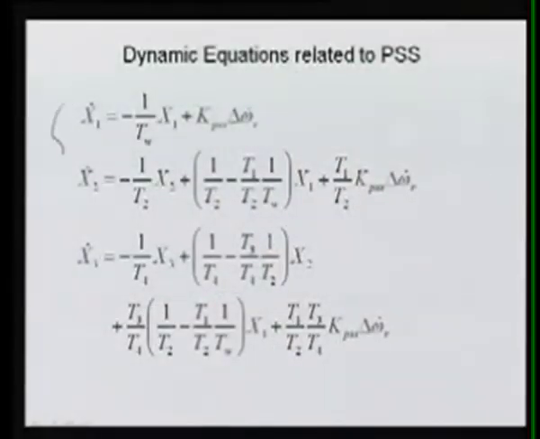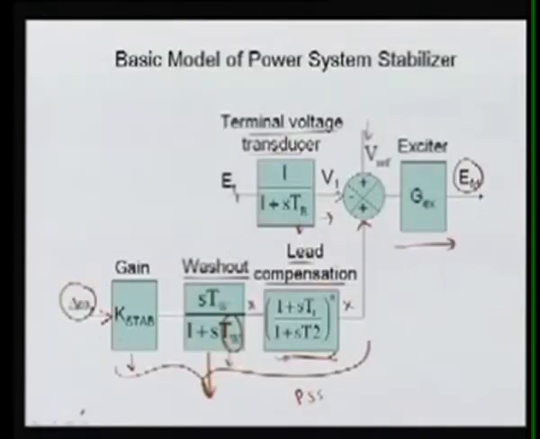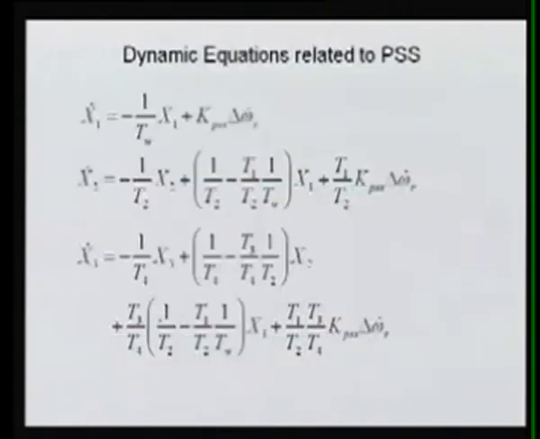To see the dynamic equations, now we have added three more differential equations. One corresponds to the gain of the PSS. The gain coming from omega is x1 here. The time constants are added, and you can see we get T upon T omega x1 and K PSS, that is the gain of PSS, and the changing input coming there.